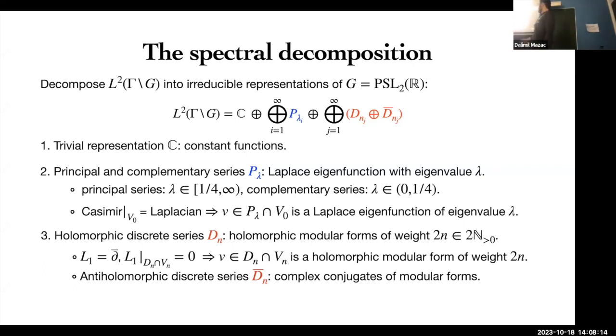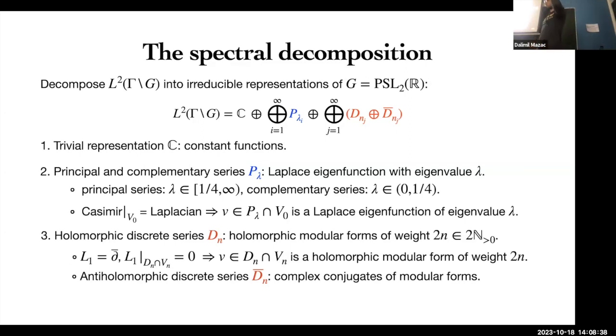And the label n tells you the weight of that modular form. Similarly, there is an anti-holomorphic discrete series, which are just complex conjugates. These representations always come in complex conjugate pairs in the direct sum, because you can always complex conjugate things: D is not real, but D plus D bar is real.